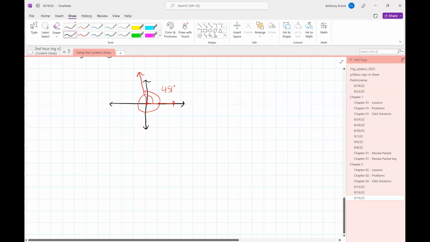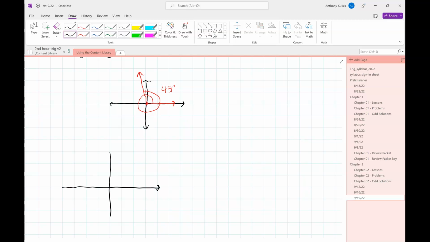So, let's say that we have some standard position angle, and let's say that we've picked some point P on the terminal side of our angle.